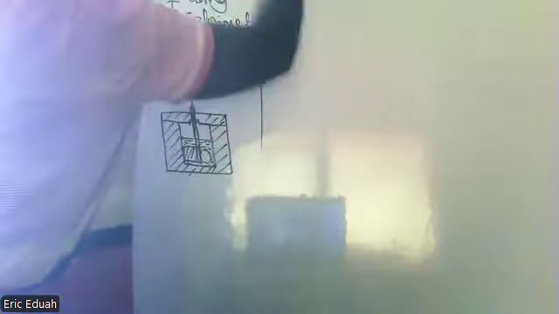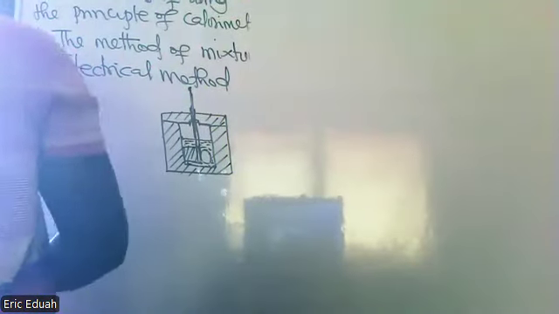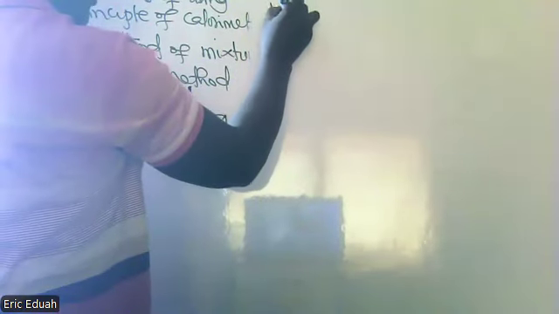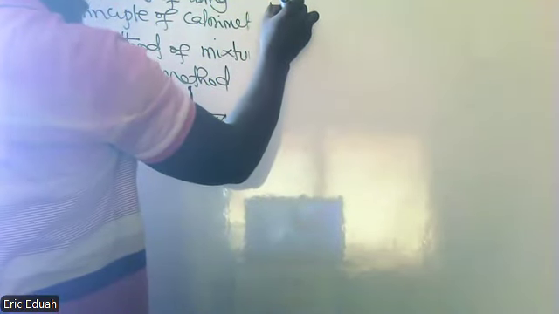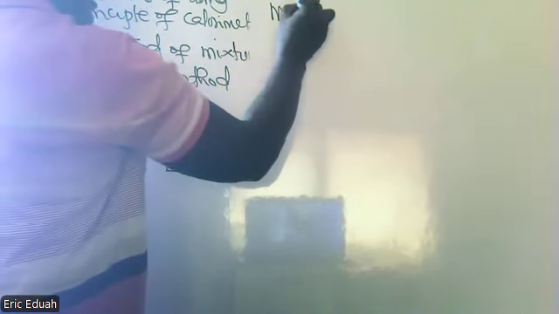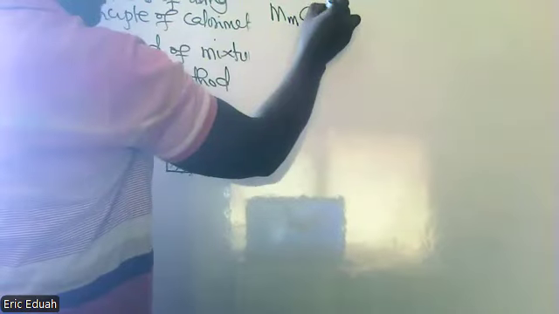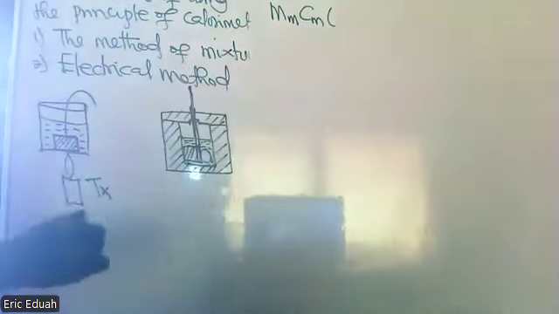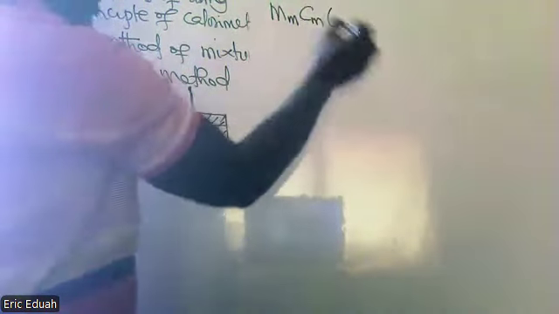We then establish the energy conservation equation, just as we've done. This time around, the equation will be mass of the metal, specific heat capacity of the metal, times the change in temperature.